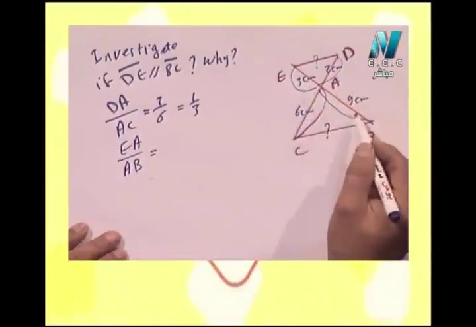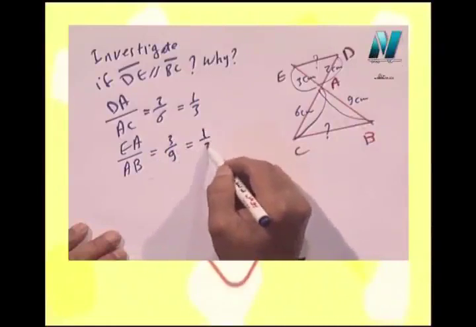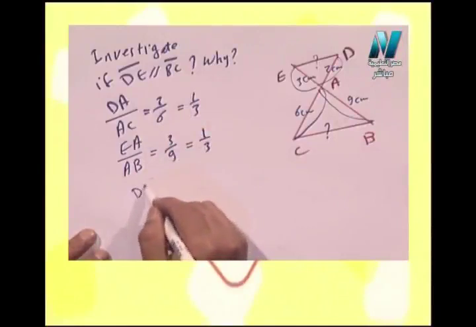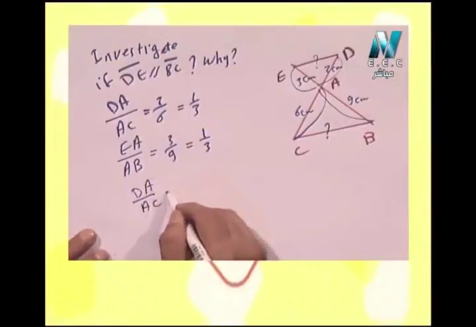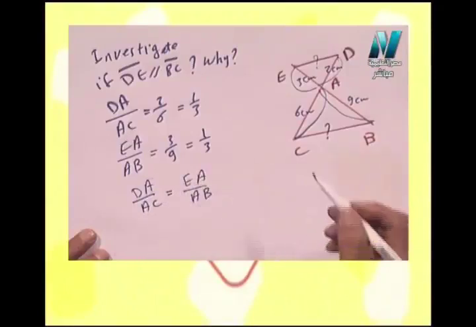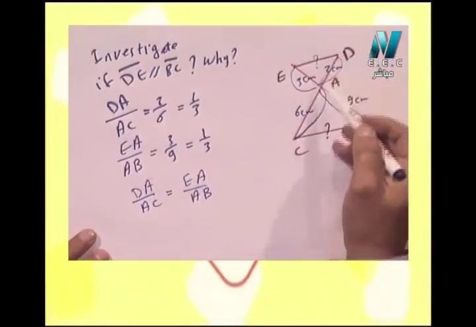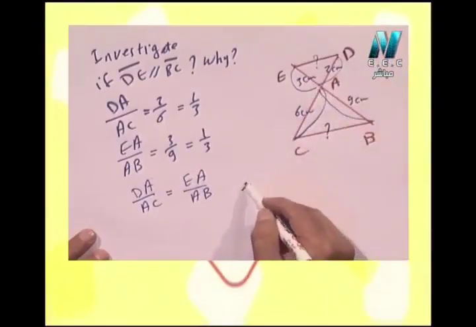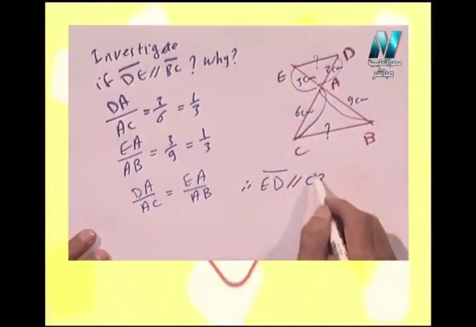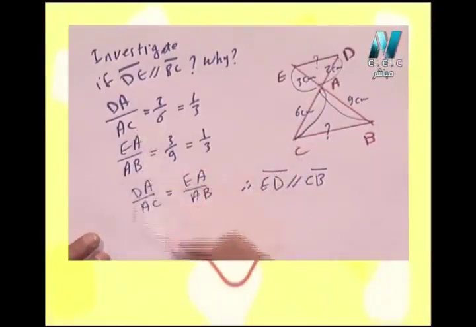It will be 3 over 9, in simplest form 1 over 3. So we now know that DA over AC equals the same as EA over AB. Therefore, ED is parallel to CB, and this is the reason, because this ratio equals this ratio.